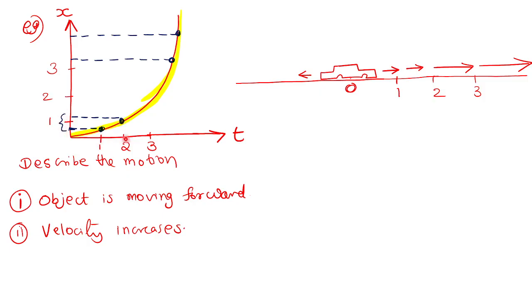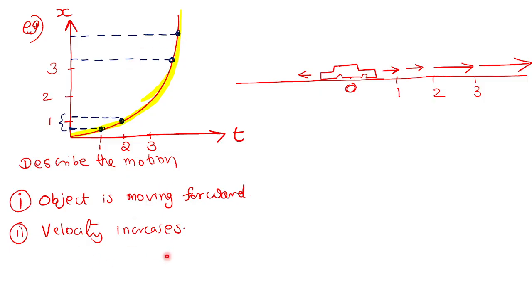So initially in 1 second time the displacement is only this much, but later in 1 second time, the graph is too sharp, which means the displacement is much larger compared to initial. So initially velocity is lower, but later velocity increased.